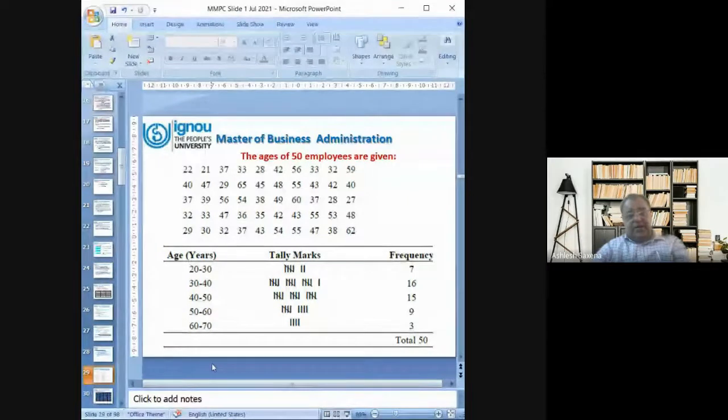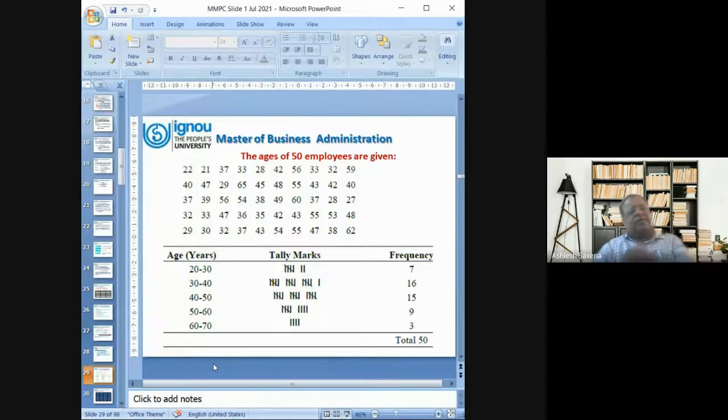Correct? Yes, sir. So 21 is there, and we have just discussed that it has to start with a suitable number. We cannot start from 21. We will move to a number nearer to a multiple of 10 or 5. 20 is there, so we will start from it, and the gap should be 10, 5 or 15, as was taught a few minutes back.